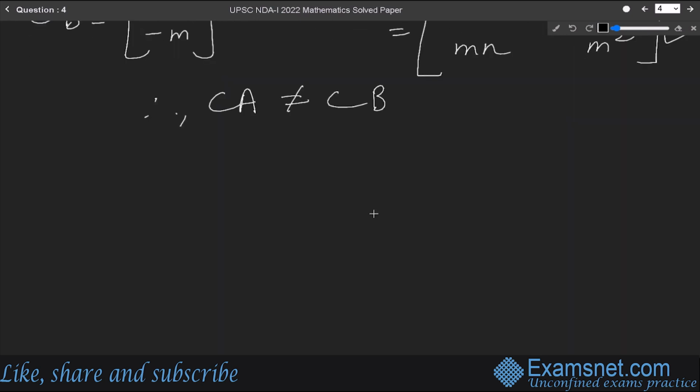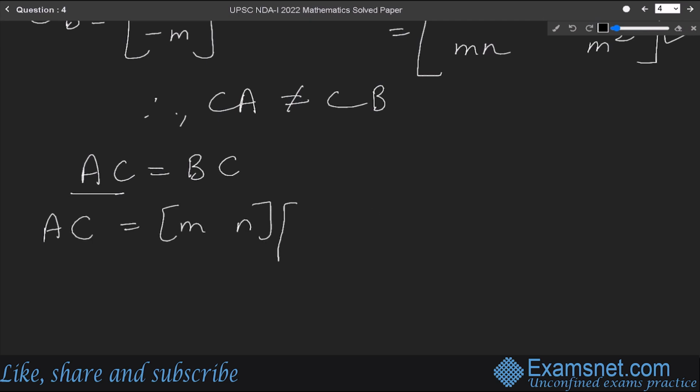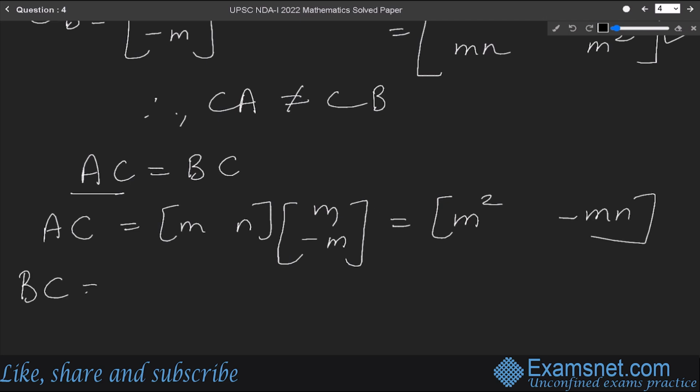Now let us solve the second statement, which is AC is equal to BC. First, finding the value of AC, we get [m n] into [m, minus m]. Further multiplying, we get m square minus mn. Now finding the value of BC, [minus n, minus m] into [m, minus m].